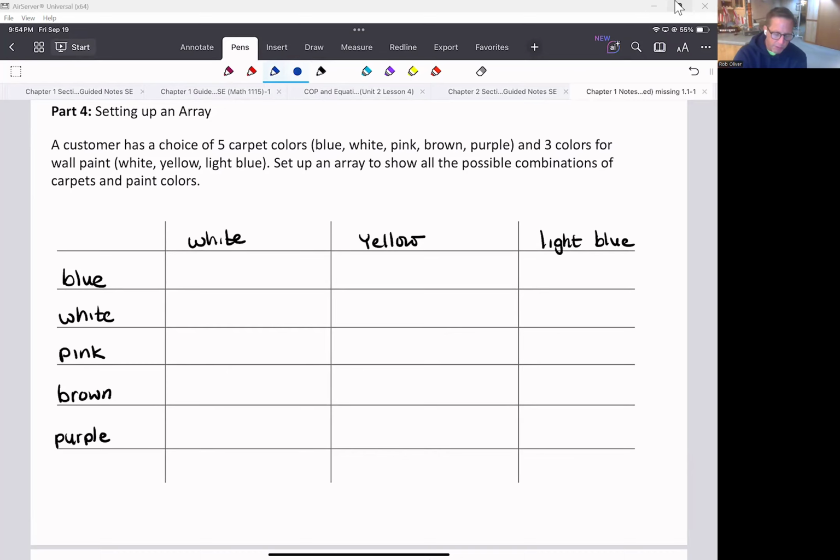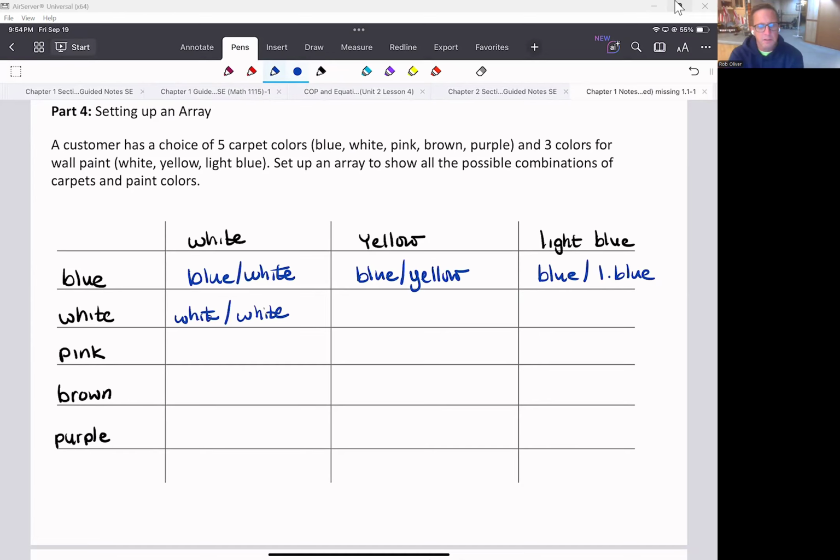Okay, so right here, we've got blue and white. That's what we're going to do here. So we've got blue, yellow, and blue and light blue. Easy enough, right? And then right here, I'm just going to do all the combinations of white carpet. So we have white carpet with white paint.